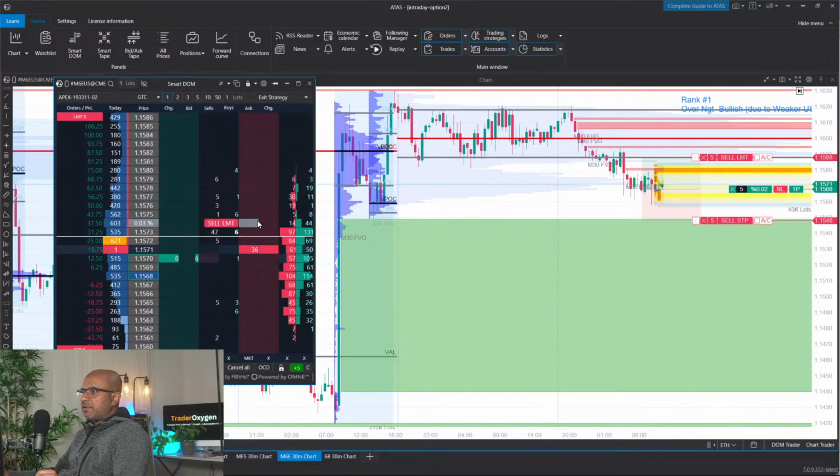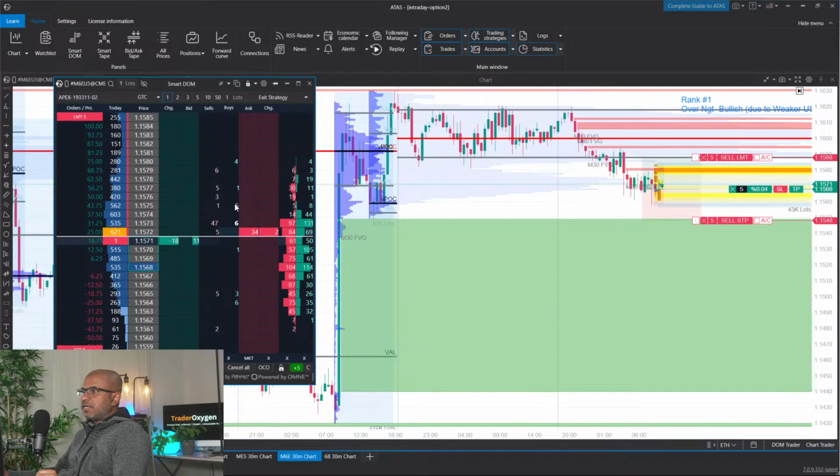Then these inside columns are aggressive sellers and aggressive buyers, meaning the market orders, the real executions. So the real market orders and the real traded contracts are what you see in the inside columns.